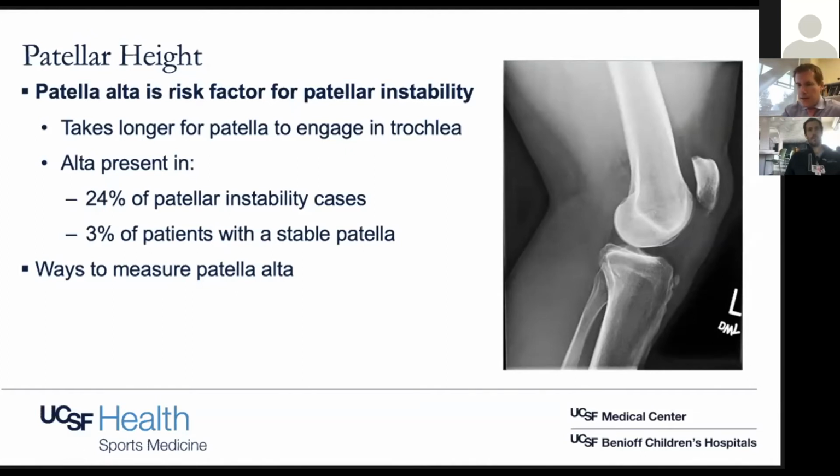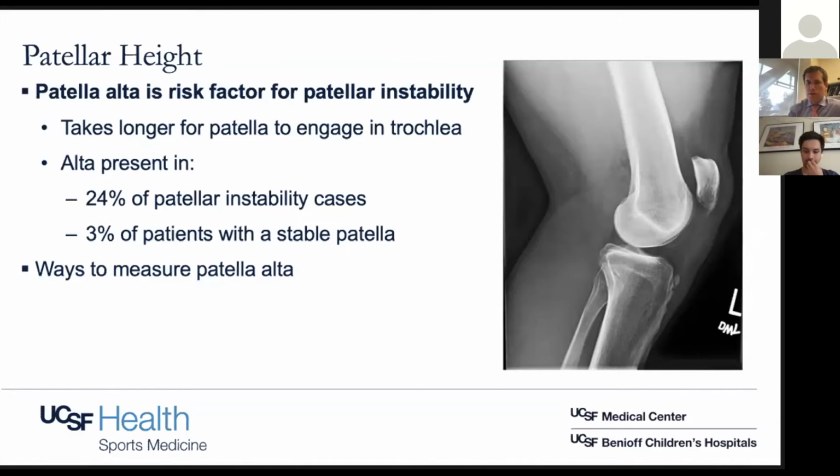And then, Anthony, what are some ways that we can measure patella alta? We can use the Insall-Salvati ratio, which is a proportion of the length of the patellar tendon over the length of the patella. You can use the Caton-Deschamps, which is the length from the inferior pole of the patella to the articular margin of the proximal tibia over the length of the articular surface of the patella.